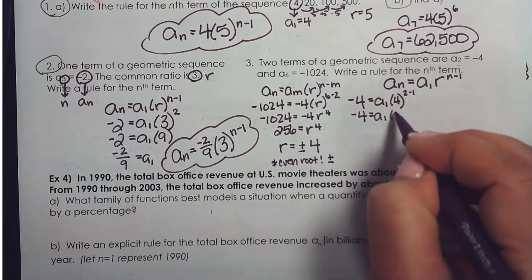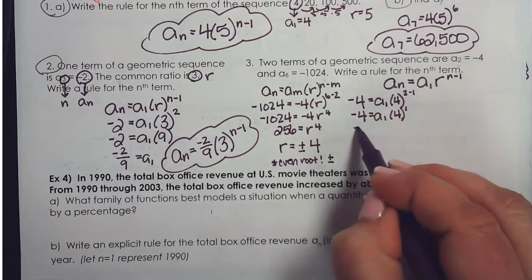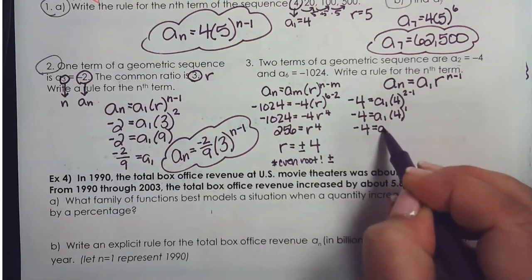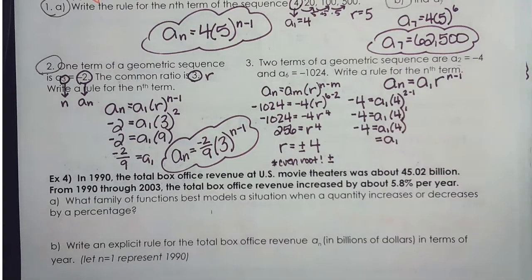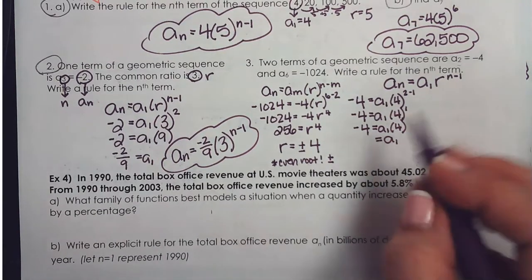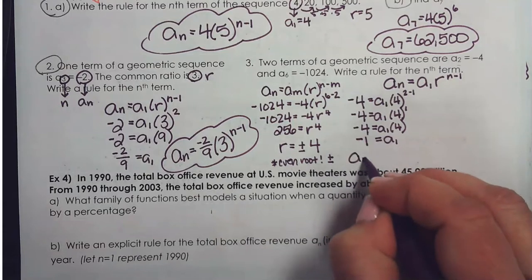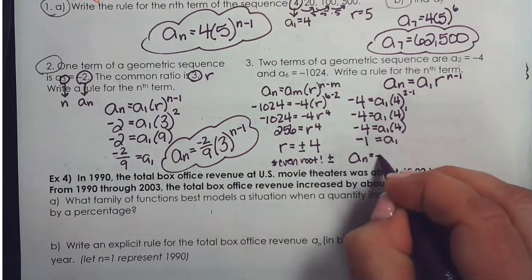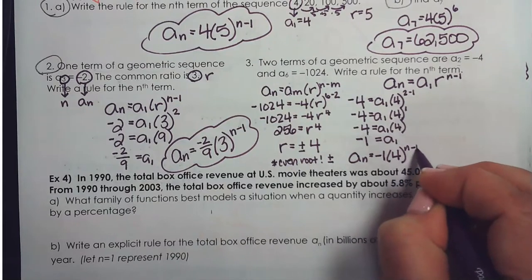So that's going to be 4 to the first, which is just 4. Again, you can combine some of these steps if you want. What does that tell me that my a sub 1 is in this problem? Negative 1. So one rule is that a sub n equals negative 1 times 4 to the n minus 1.